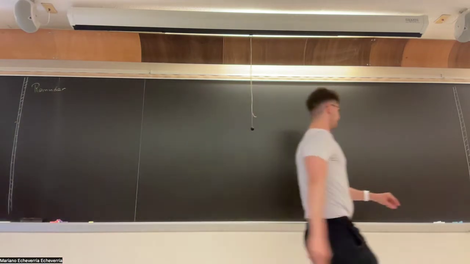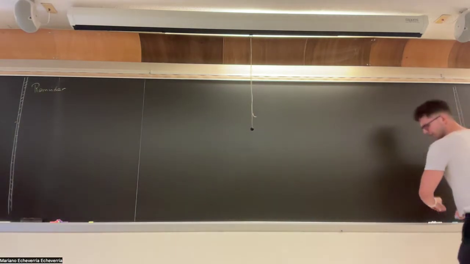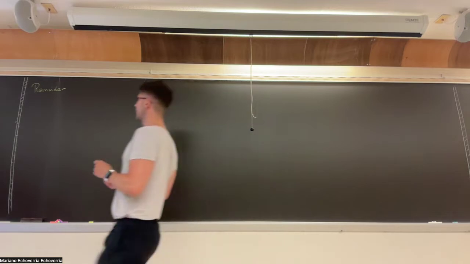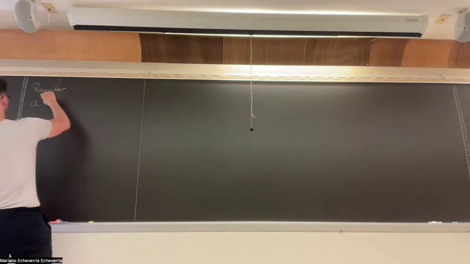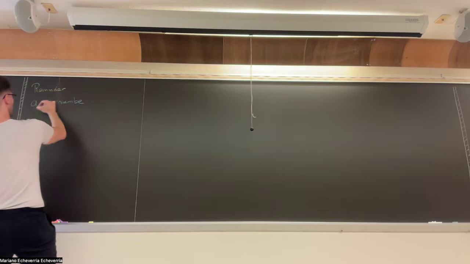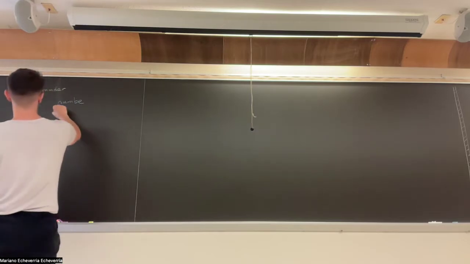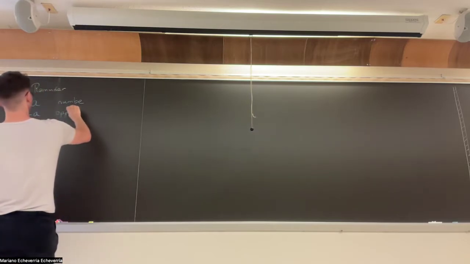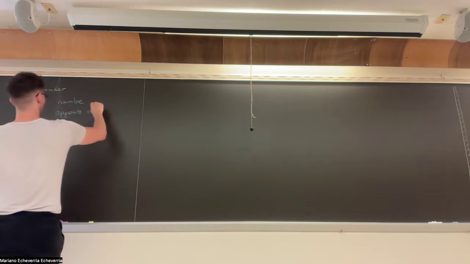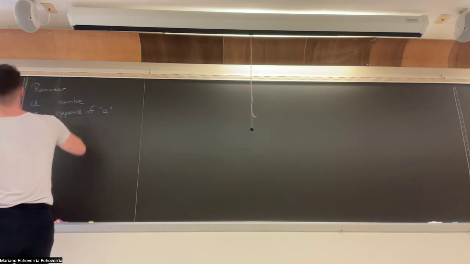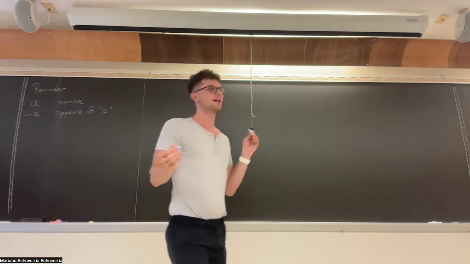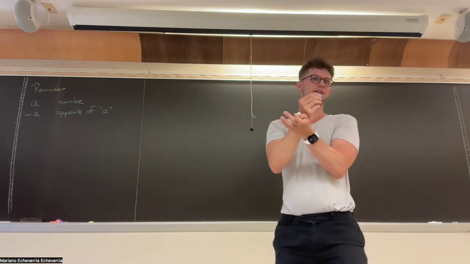If you remember last time on Monday, I told you that when you have a number, A is going to be a number, the opposite of that number is called negative A, right? And the idea of A and its opposite is that when you add them together, you get zero.